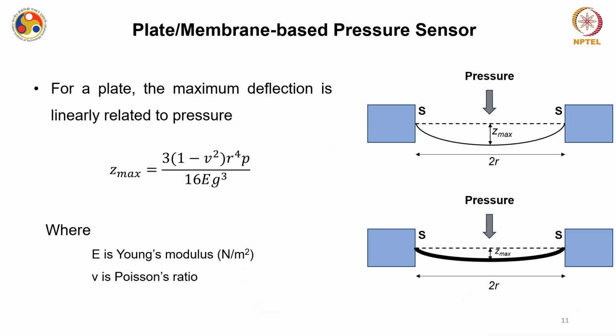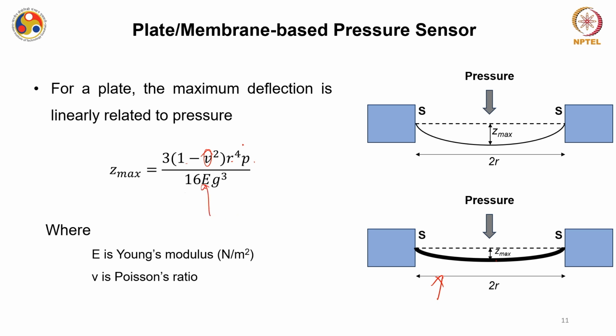So, for this kind of plate structure, the maximum deflection is linearly related to pressure, and the Zmax is given as 3 into 1 minus Poisson's ratio square into r to the power 4 into p by 16 E into g cube, where E is the Young's modulus.